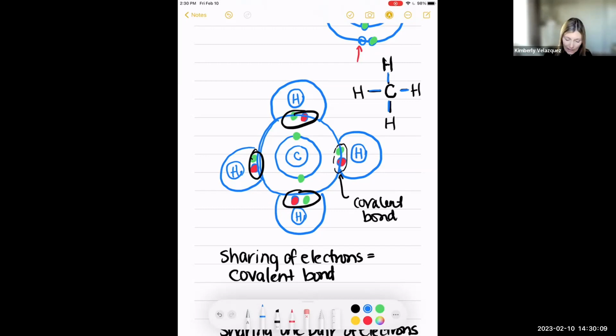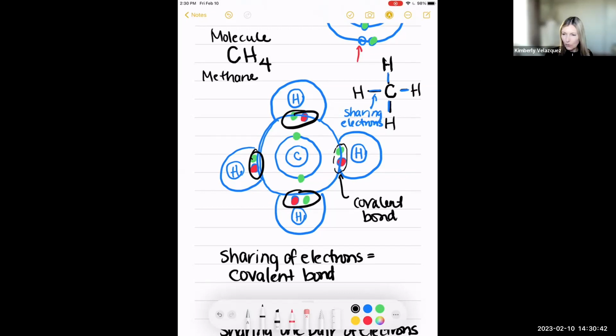So that is a covalent bond. That is a simpler version of that molecule. The chemical formula for this molecule would be CH4. Subscript 4 tells us it's 1 carbon and 4 hydrogens, and they're bonded together. This is a molecule. In fact, this molecule is called methane.